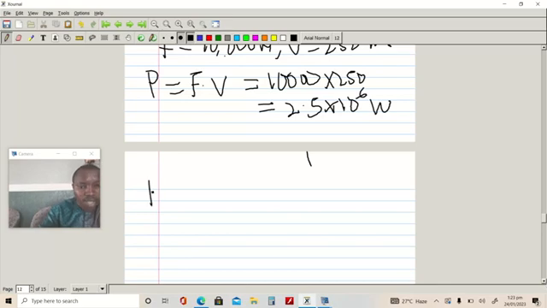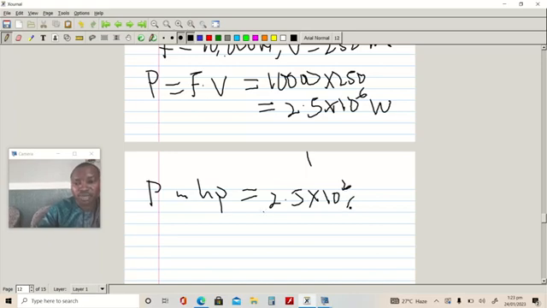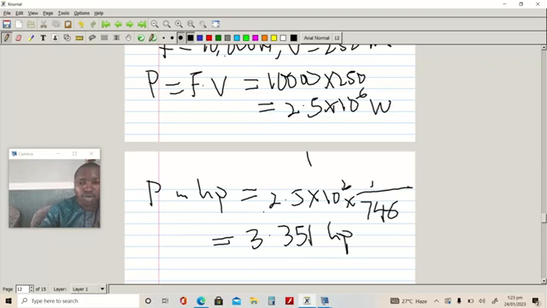So power in horsepower is equal to 2.5 times 10 to the power 6 multiplied by 1 over 746, which is equal to 3.351 horsepower.